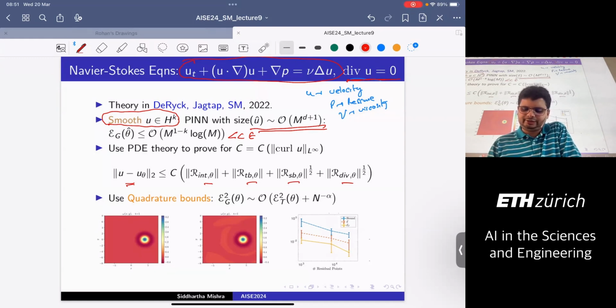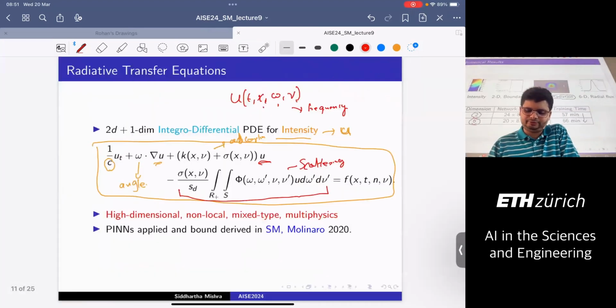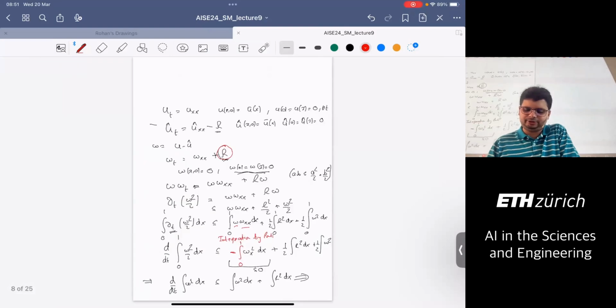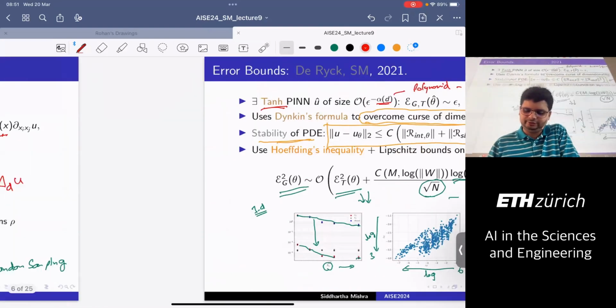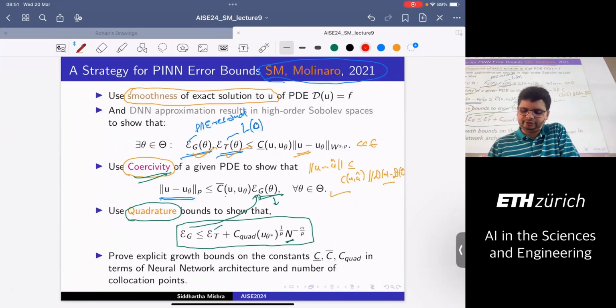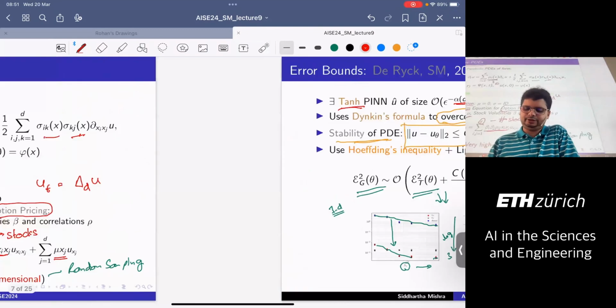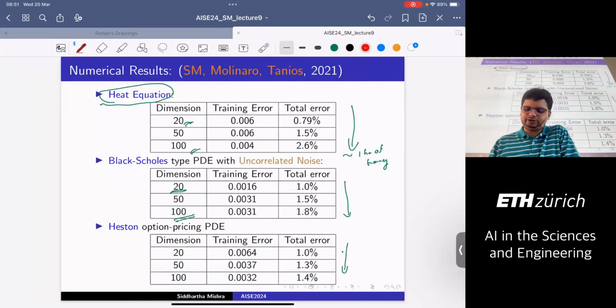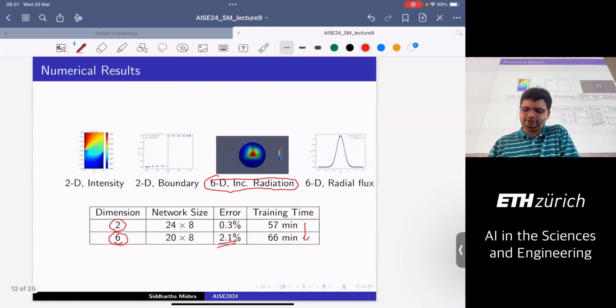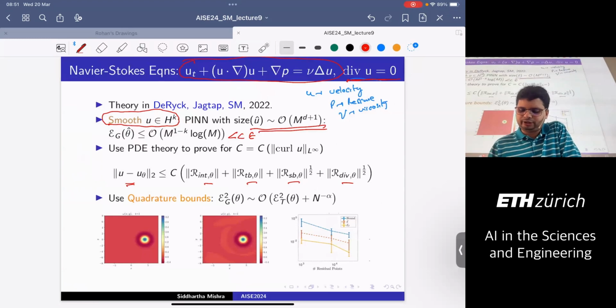But the point is that the constant here, now remember that in our arguments, we never bothered about the constants because they were linear problems mostly. But in general, you cannot do that. The constants have to depend on the PDE as well as on the neural network. So here, the constant depends on, where is it now? And this is an important caveat. So this quantity here is the curl of the velocity field.